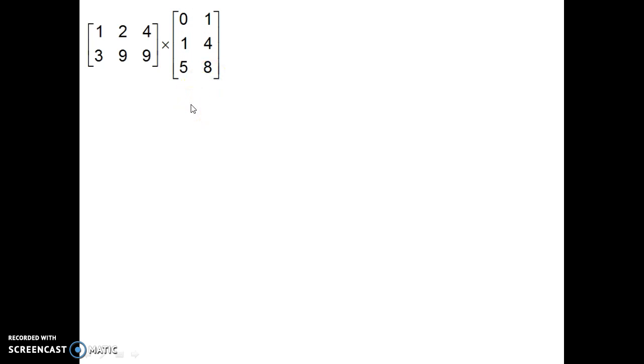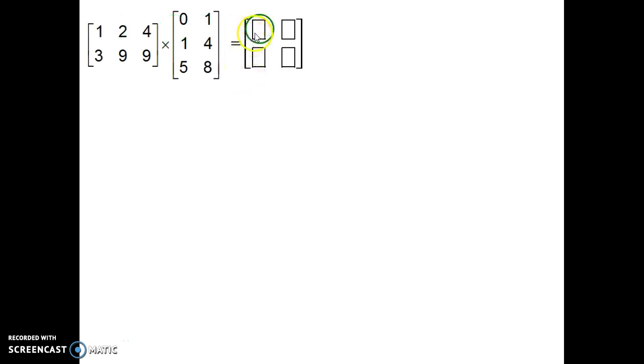Now the procedure of matrix multiplication: 4 fields are there because the new matrix order becomes 2 cross 2. How to multiply?